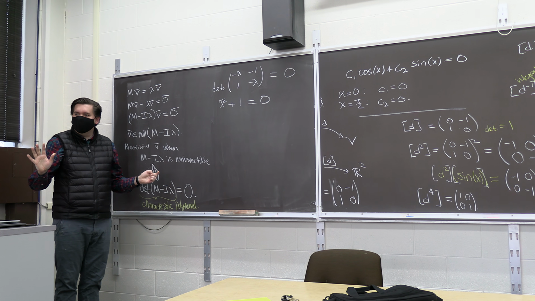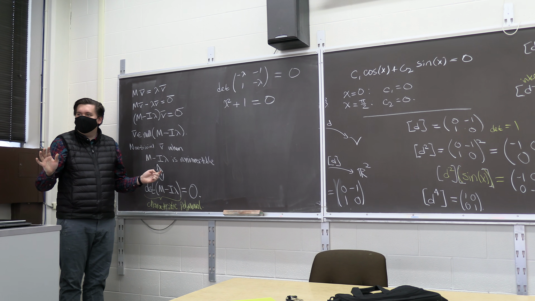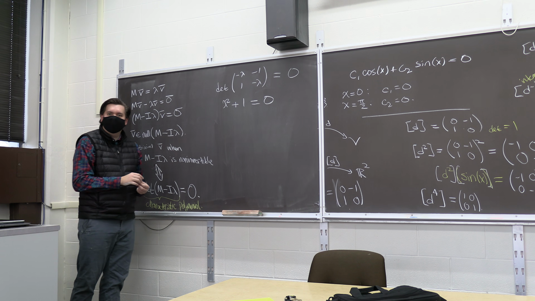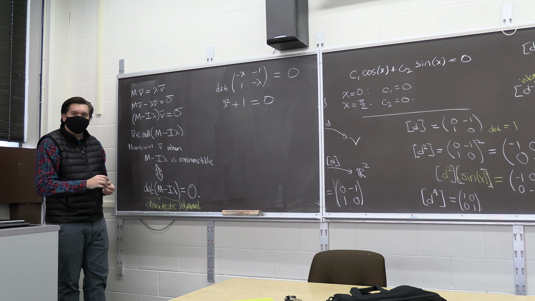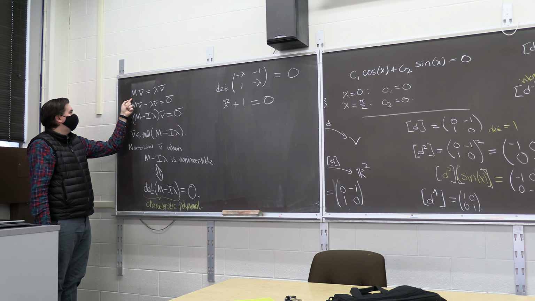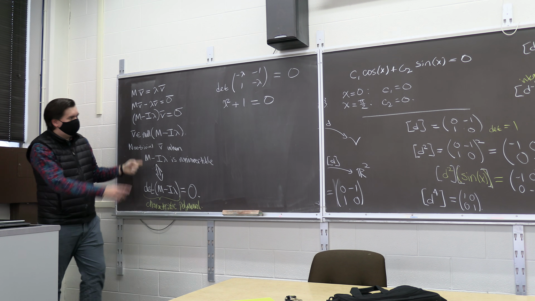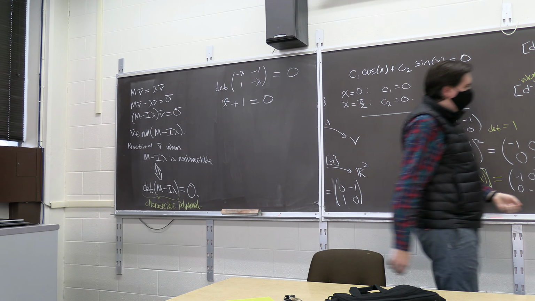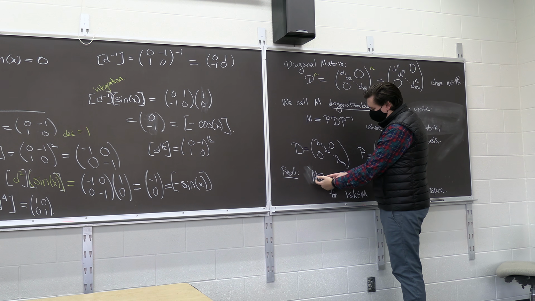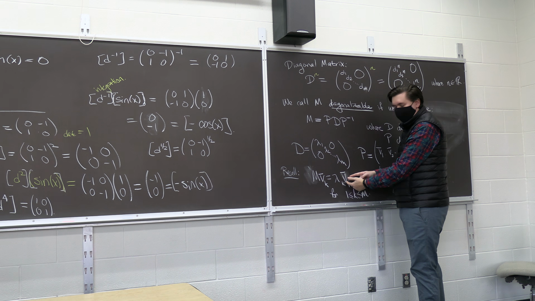Does this look right so far? Have I done everything okay? I think so. Where do we get M from? I'm just saying in general if you have any matrix M. So going back here, to have an eigenvector for a matrix, the matrix times that eigenvector is lambda times the vector.